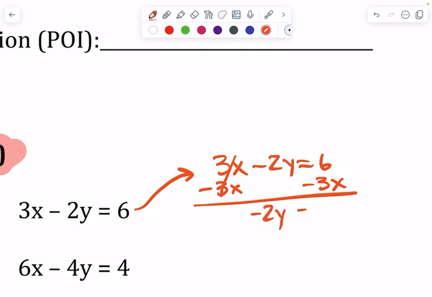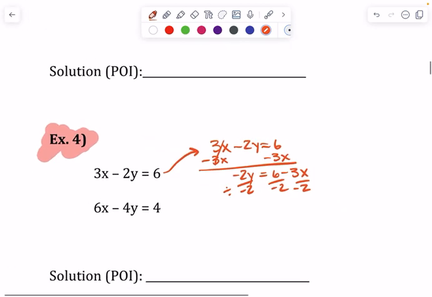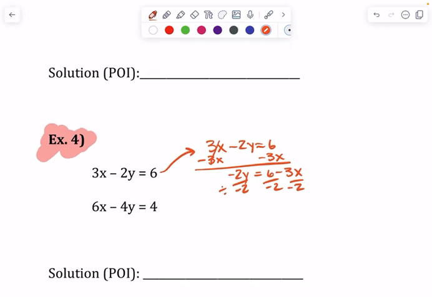So negative 2y equals 6 minus 3x, and then divide everything by negative 2. So we've got y equals 6 divided by -2, -3, negative divided by negative, positive, keep that as a fraction, that's your slope. 3/2 x.